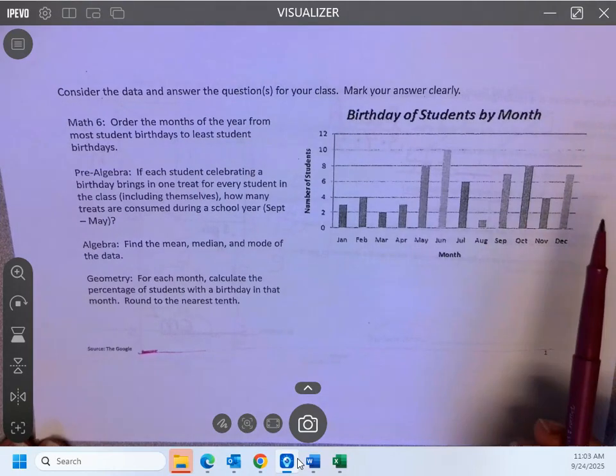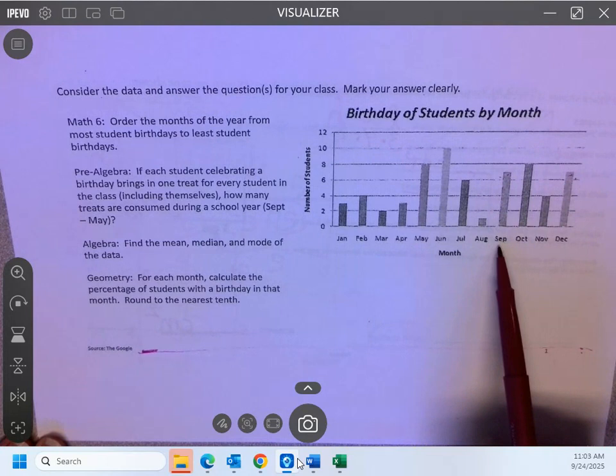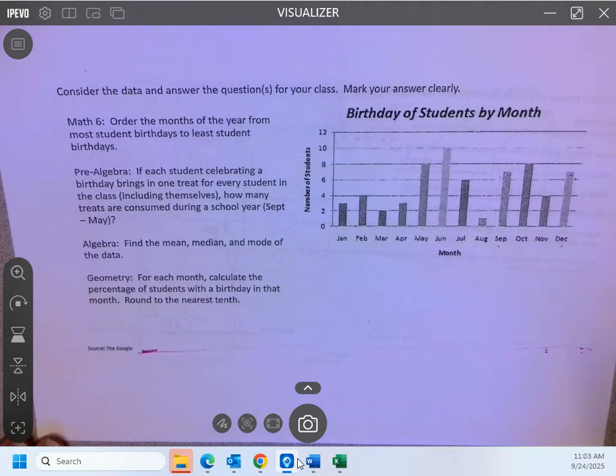There will be some that have the same amount. So I just put September plus December. When they're the same amount, just write them both. Okay. So put them in order.